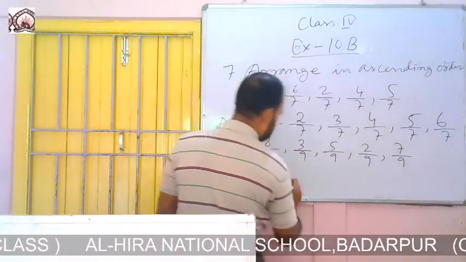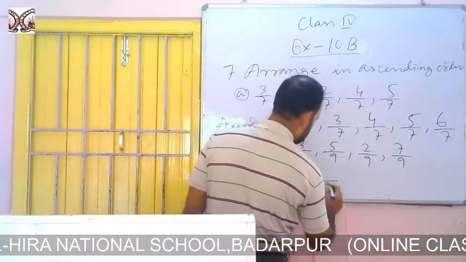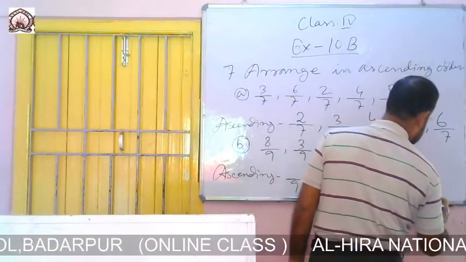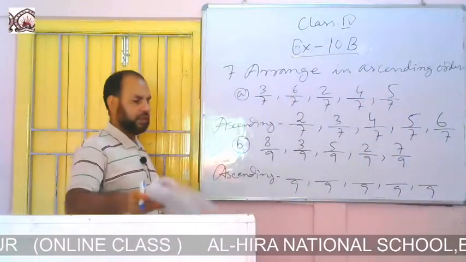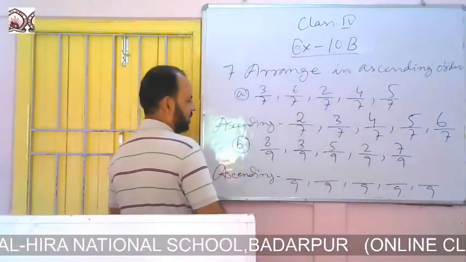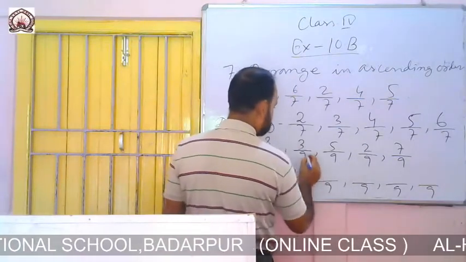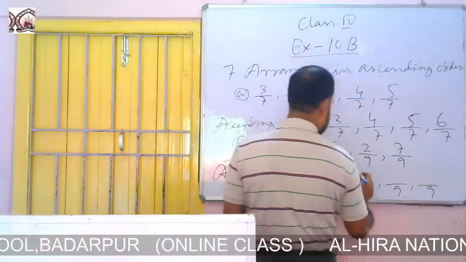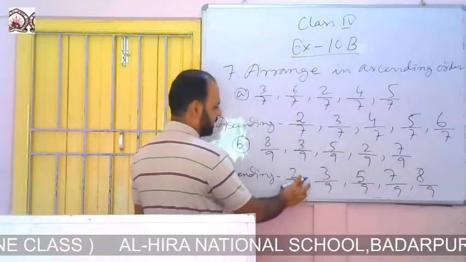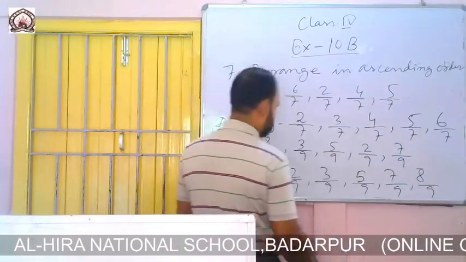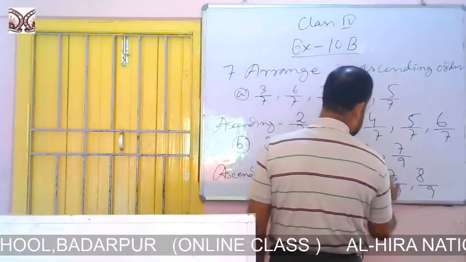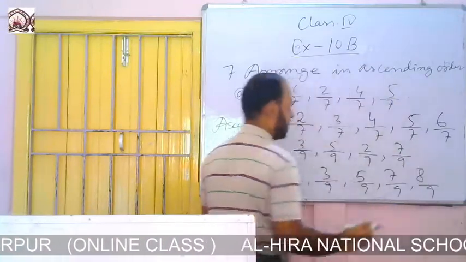First we write all denominators, then all numerators we write in ascending order. So here 2, then 3, then 5, then 7, then 8. So 2 by 9 is the smallest among the fractions, then 3 by 9, then 5 by 9, then 7 by 9, then 8 by 9.